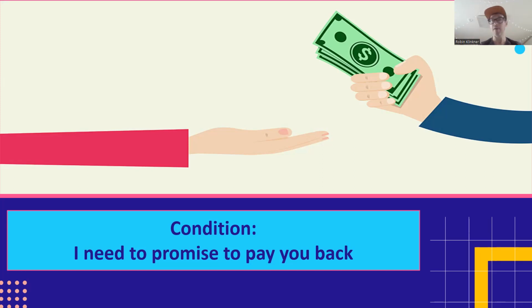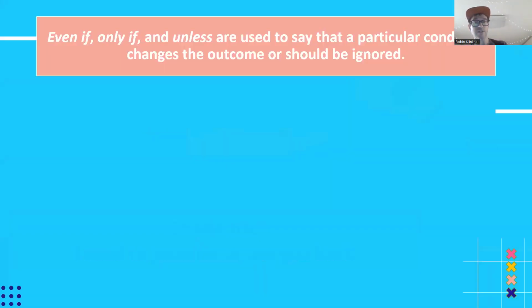I'll pay you. I promise I'll pay you back. And in that case, you probably would lend me $20, I'm guessing. All right, so that's a stipulating condition. So a stipulating condition is a condition for some situation to happen or not happen.